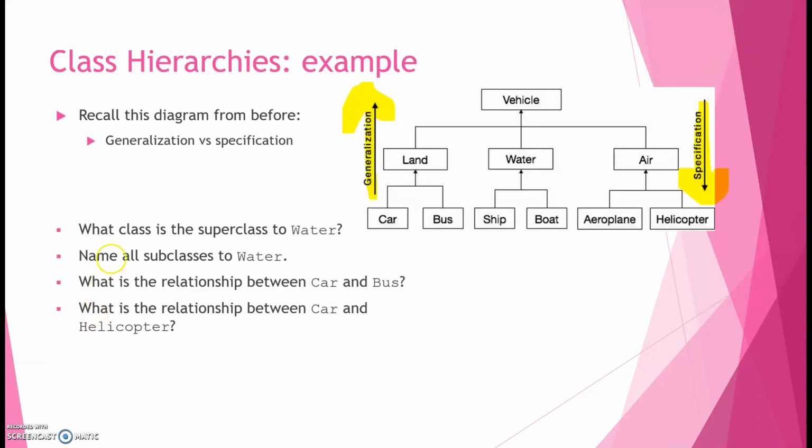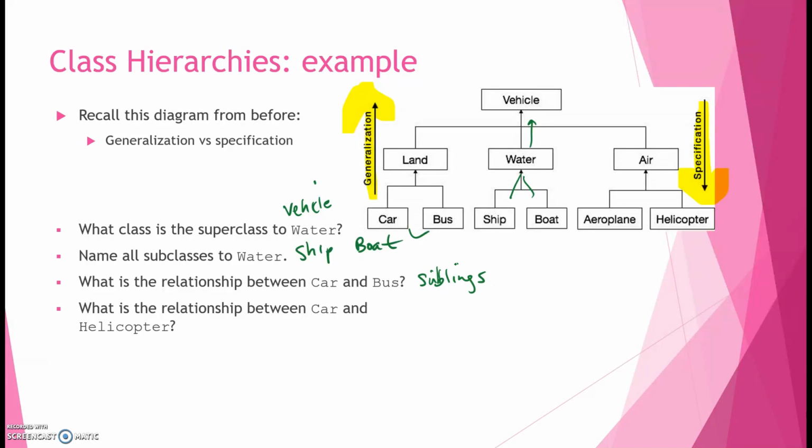Okay, so if we want the superclass of water, it would be right above it, which would be vehicle. All the subclasses of water would be the two classes below it, ship and boat. Car and bus have the same parent, so they are siblings.